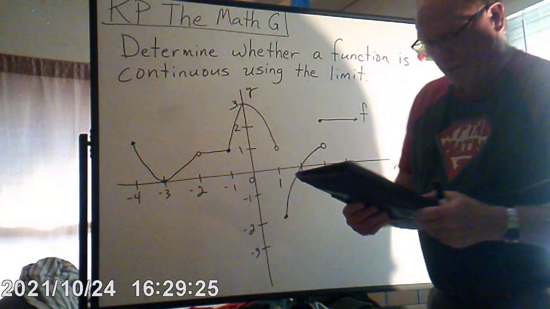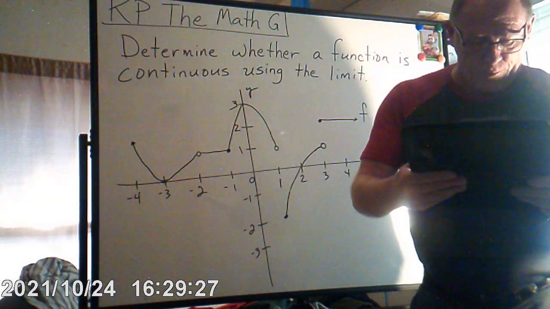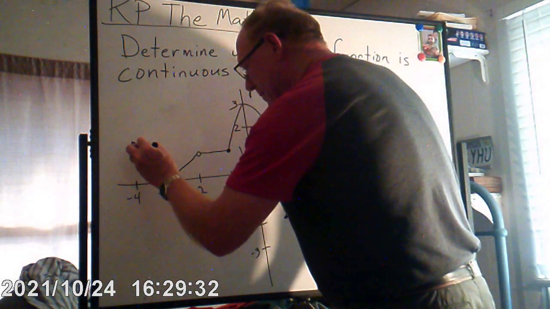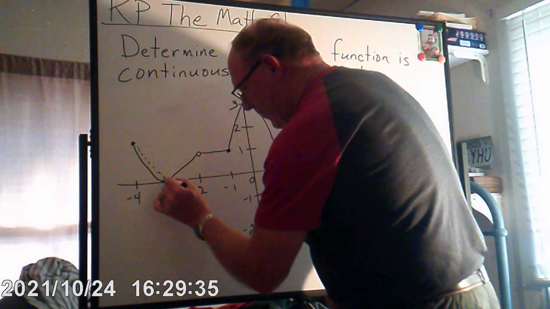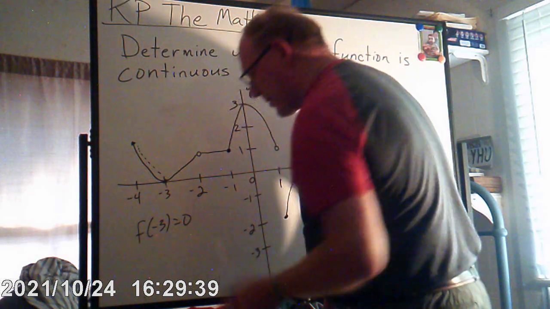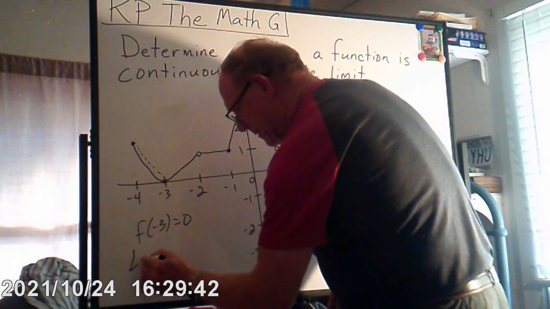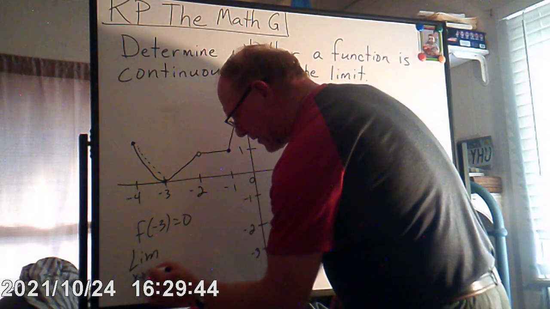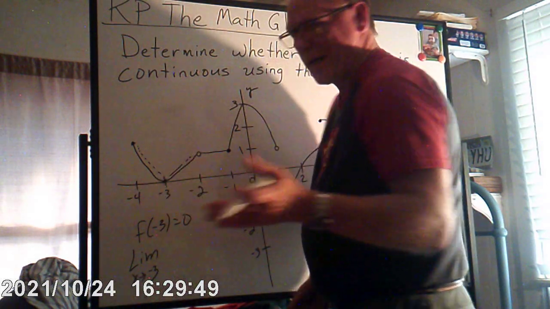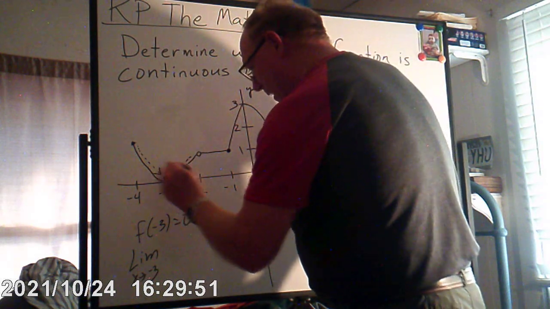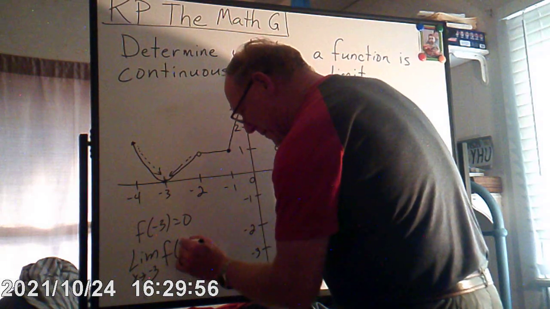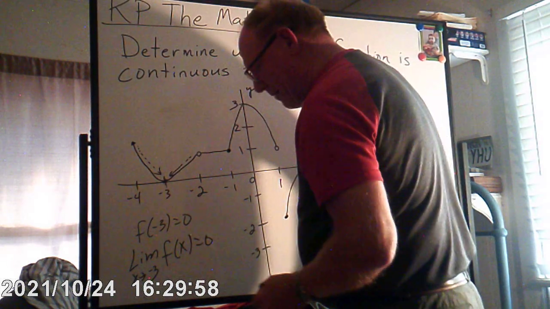And of course we've already seen that if we look at negative 3, f at negative 3 is 0. The limit as x approaches negative 3, from left or right, from this side or this side, either one, is also 0.